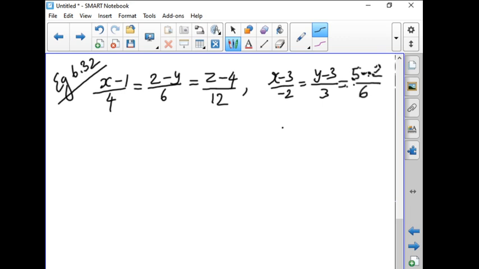Now listen carefully, students. It is in the form of x minus x1 by b1, but here it is 2 minus y by 6. So first we have to change this. How can we change this? This can be taken as minus common, so y minus 2. So y minus 2 divided by 6 can be written as y minus 2 divided by minus 6. Is it clear?